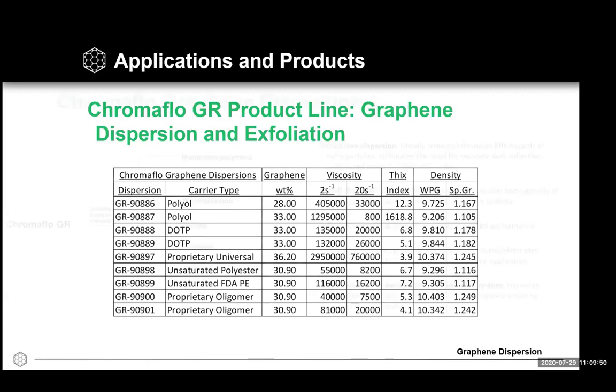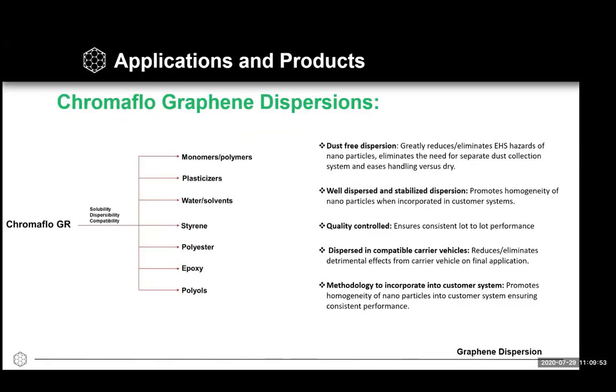So at Chromaflow we have high loading graphene dispersions in monomer, plasticizer, water, and solvent bases such as styrene, polystyrene, epoxy, and polyol. What we are providing is a dust-free dispersion to the customer. Many people in industry are not capable of handling these nanoparticles because there are a lot of EHS concerns involved. It's also a well dispersed and stabilized dispersion, which promotes homogeneity in the final application.